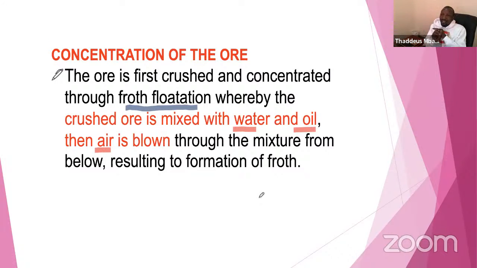To concentrate zinc and also lead, because the ore of zinc is zinc blende, which is zinc sulfide. And for lead, it is galena, which is lead(II) sulfide. So any ore that contains sulfur can be concentrated or purified using froth flotation.